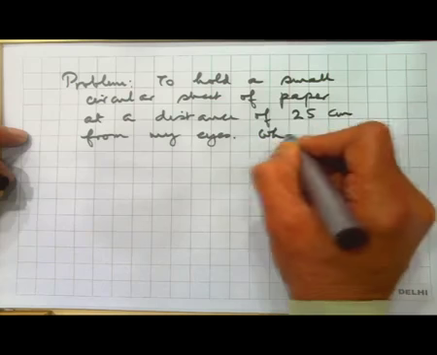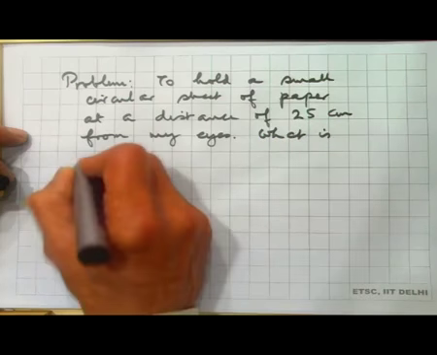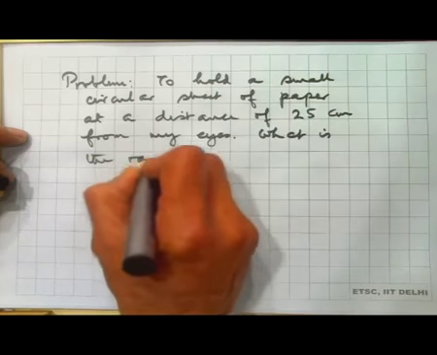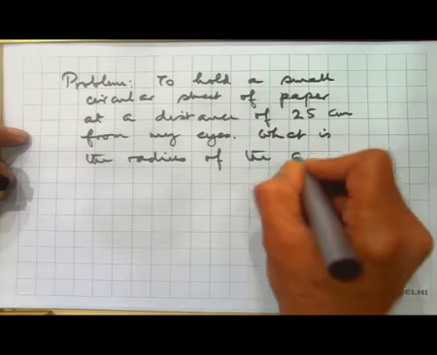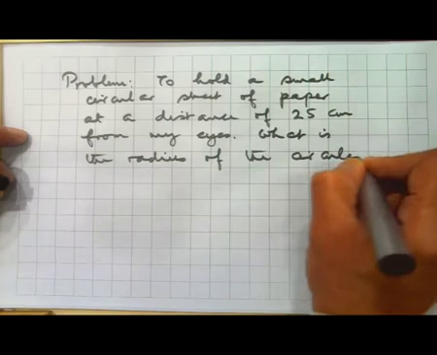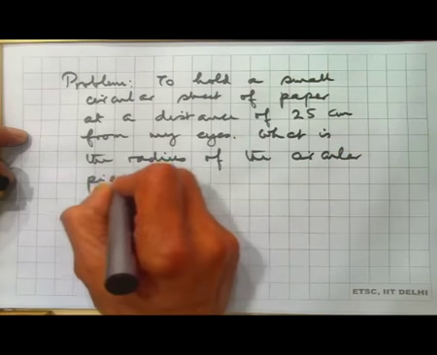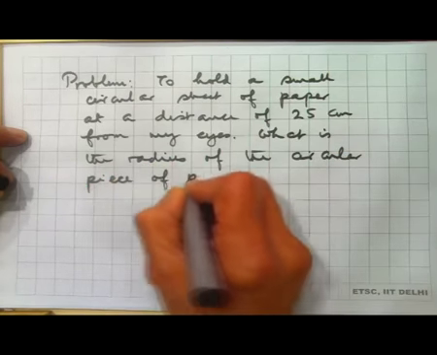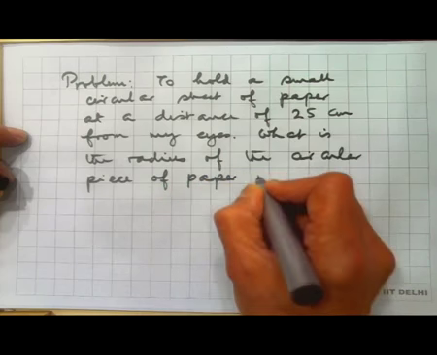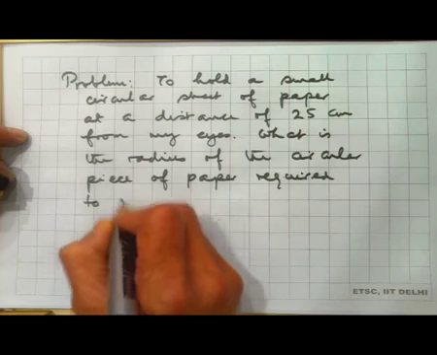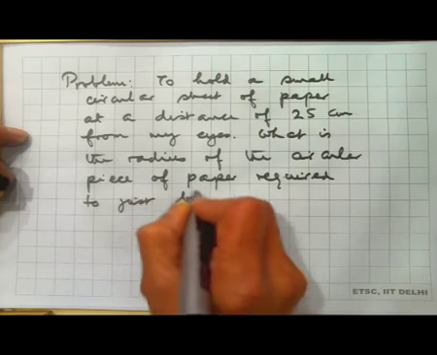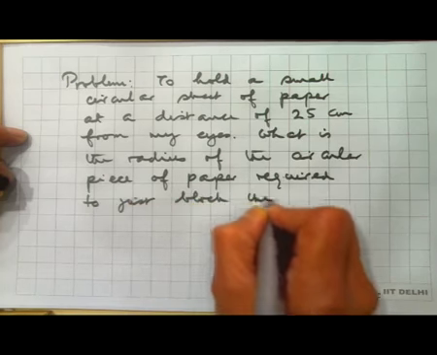What is the radius of the circular piece of paper required to just block the moon?